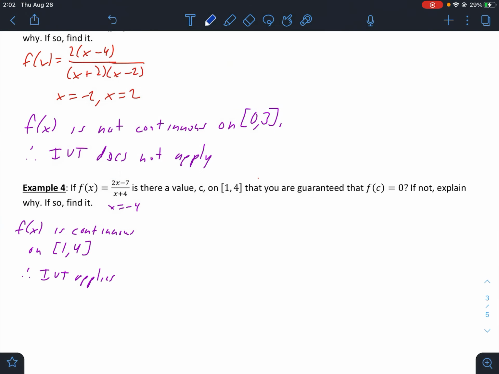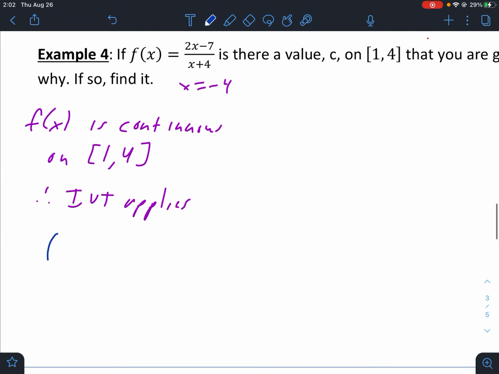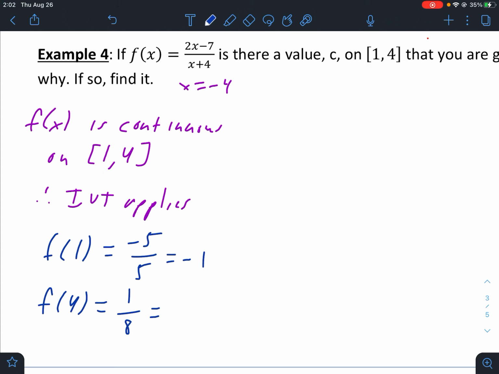So next thing we're going to do is find f of 1 and f of 4. So f of 1 would be (2 minus 7) over (1 plus 4). F of 4 would be (8 minus 7) over (4 plus 4).